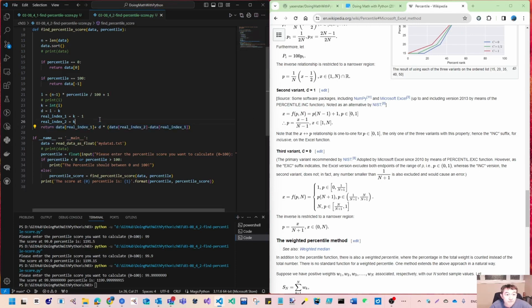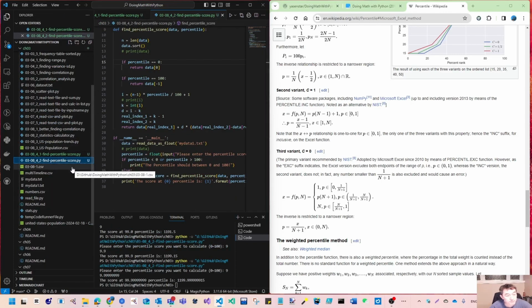Also from the author's solution paper, you can read that. So let's keep both of these two methods to find the percentile score.